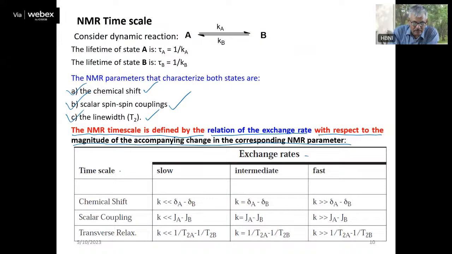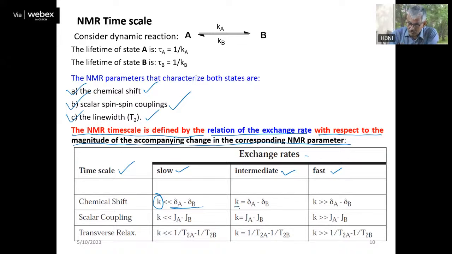So you can have now three, that is called the time scale. One is called slow, intermediate, and fast. When you say it is a slow time scale with respect to chemical shift, we will say that if the rate constant is much less than the delta nu, then we call this slow.